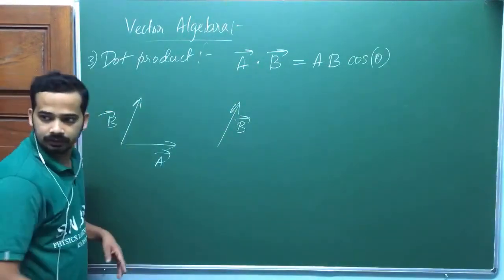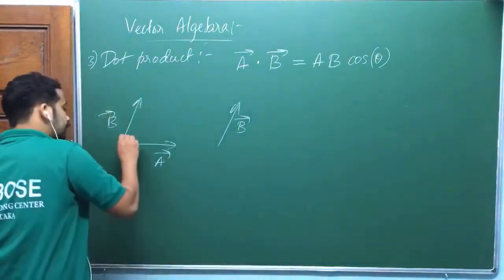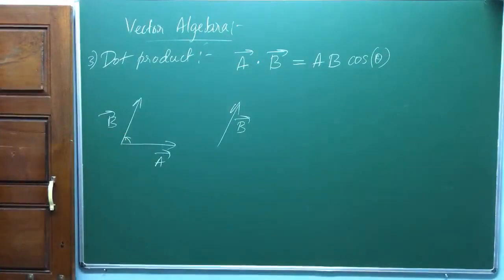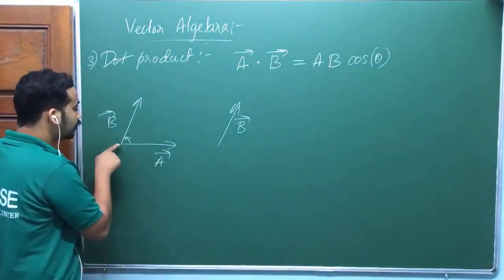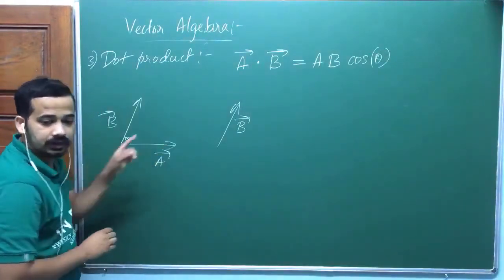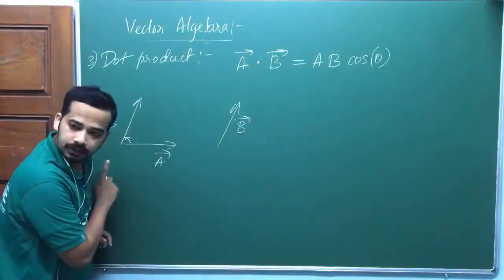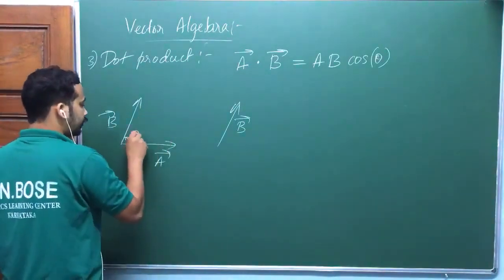Then whatever the theta here, that is this angle. When you place those vectors so that their tails coincide, then you can define that angle theta. That's a proper definition of theta.